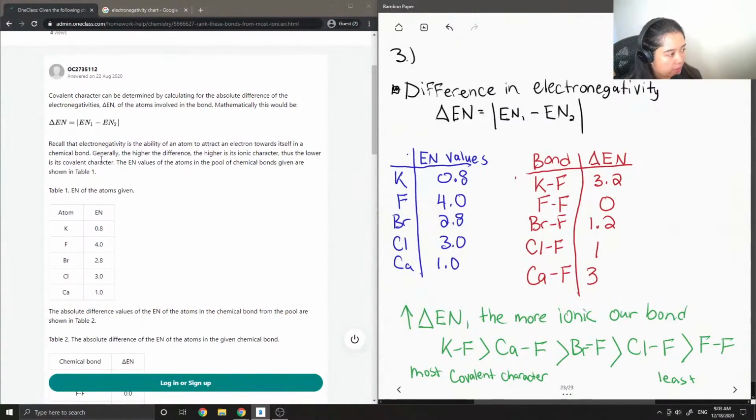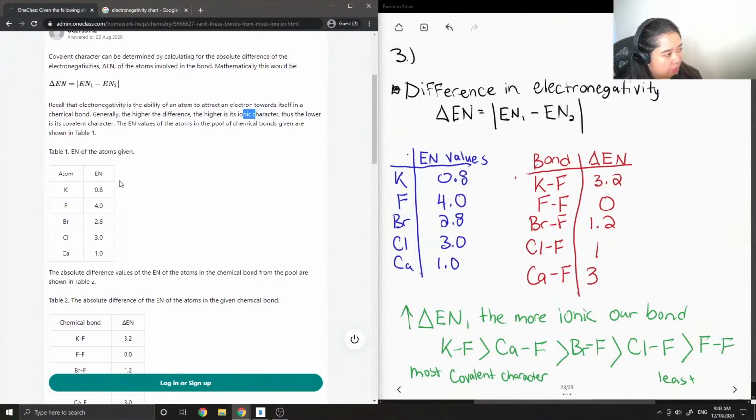Recall that electronegativity is the ability of an atom to attract an electron towards itself in a chemical bond. Generally, the higher the difference, the higher is its ionic character, thus the lower its covalent character.